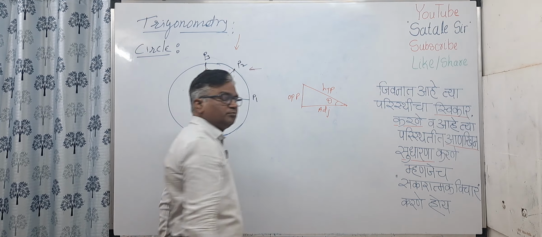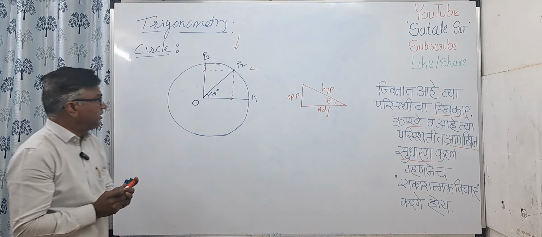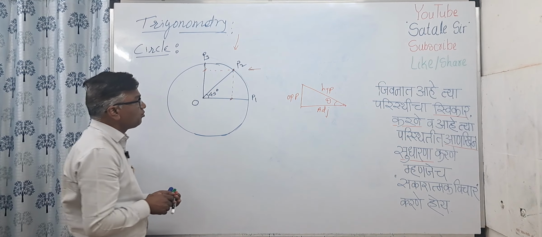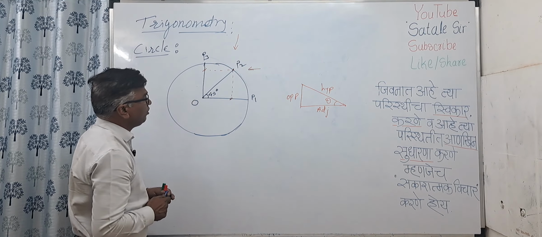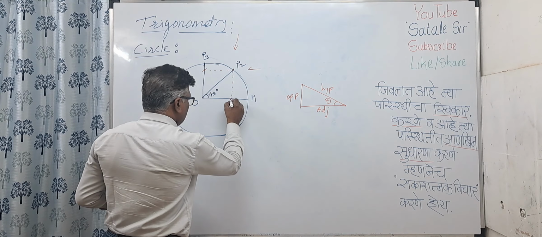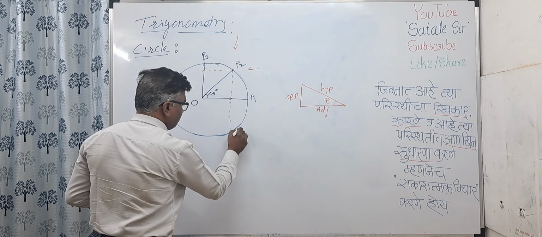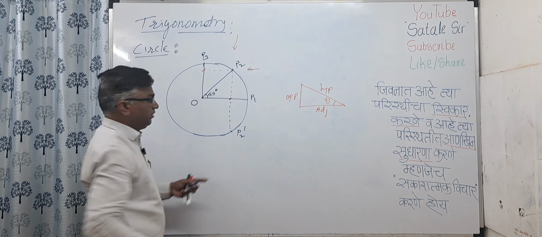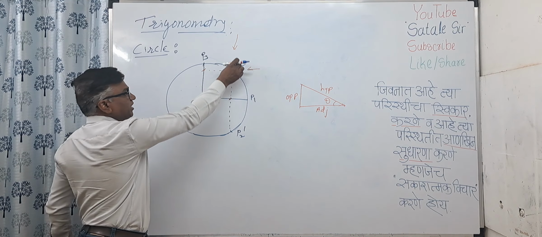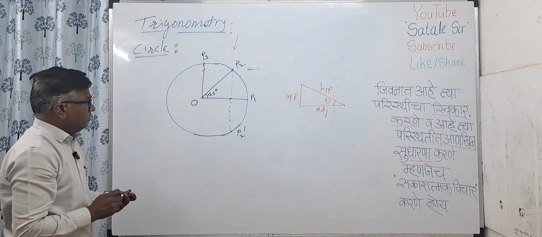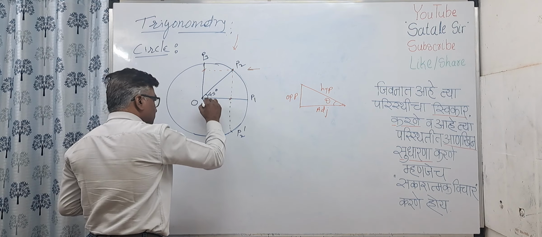Now what I'm going to do here is consider one more point, and I'm going to call it point P2 dash. Similarly, here I'm having a point P2 dash, because a similar point I'm considering here, and I'm joining this.